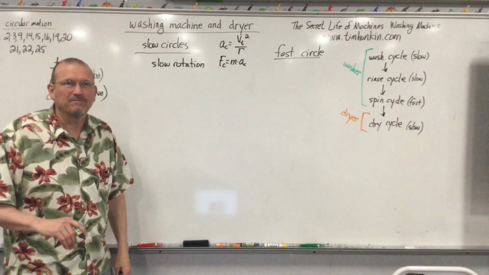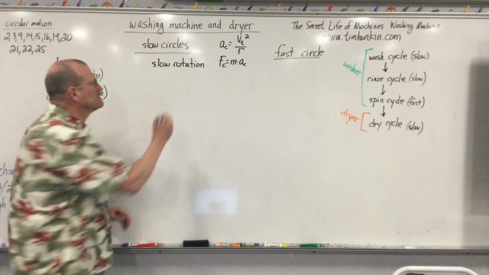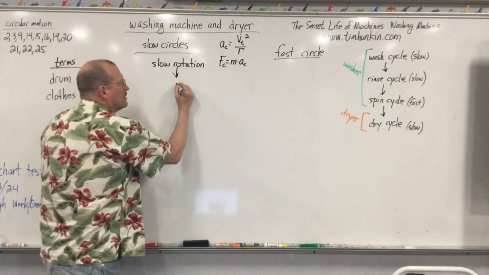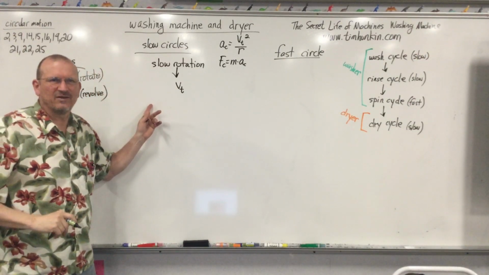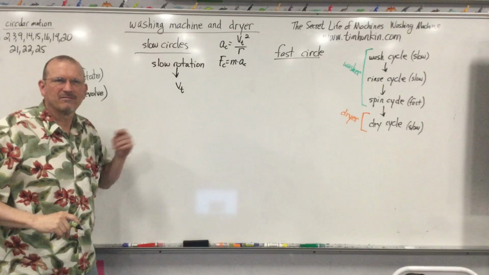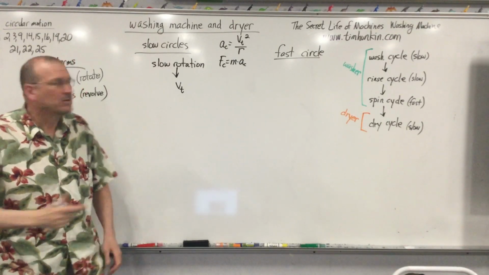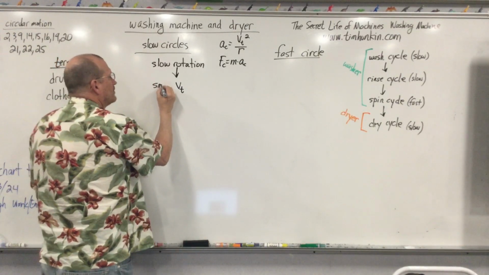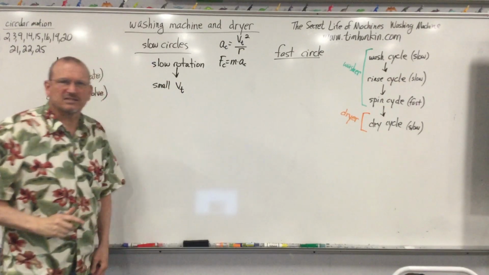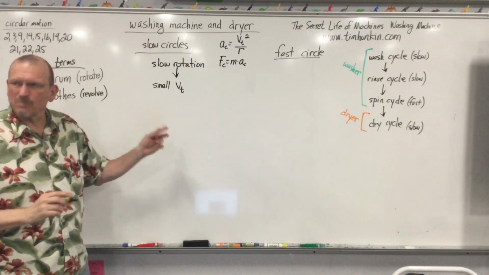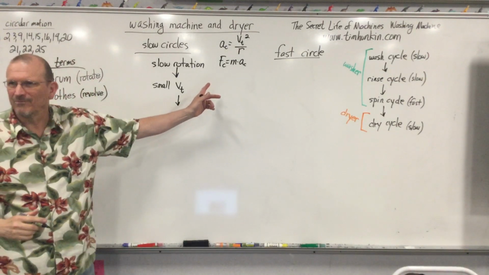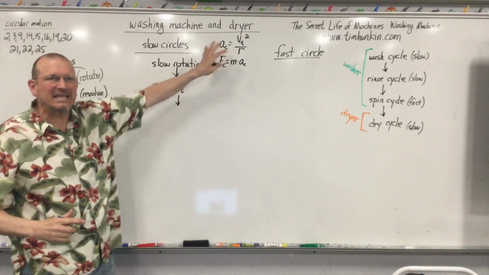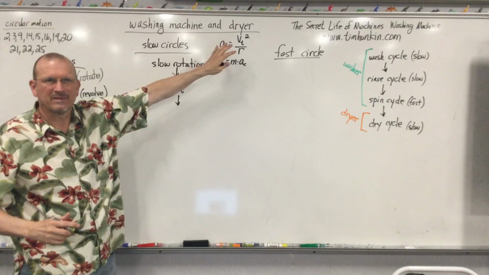You get slow rotation. Which variable does the rotation most directly affect or impact or control in these equations? The V sub t. So if we have a slow rotation, what kind of V sub t value would we have? We would have a small velocity. If we have a small velocity, take me through the equations now. What does that lead to over here?